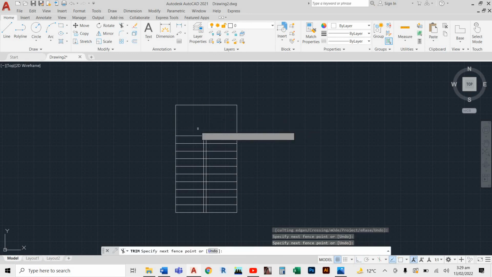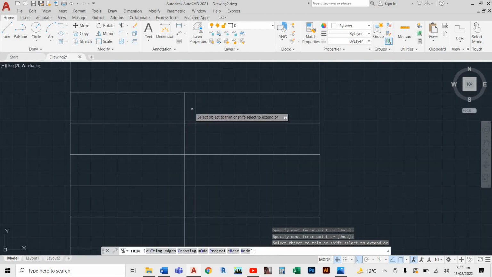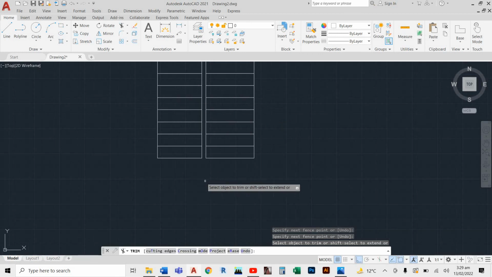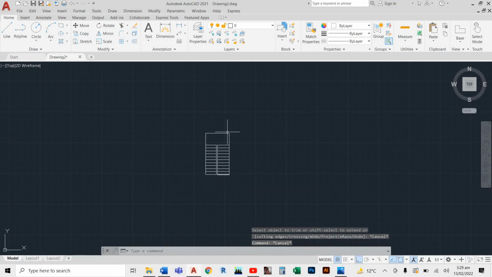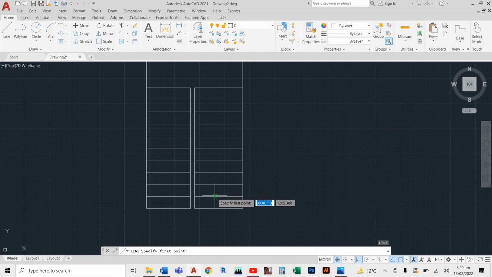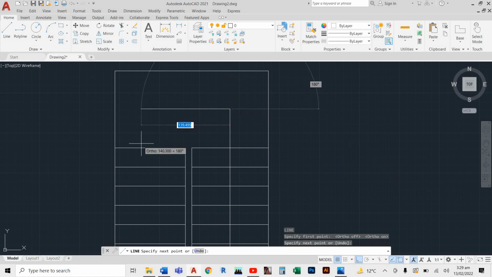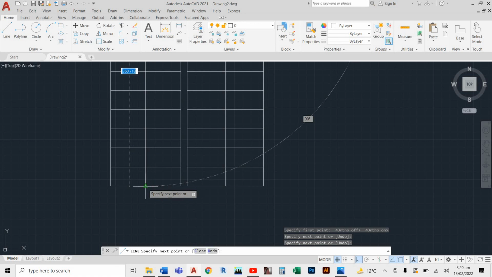You see how many commands are used here. You can trim this up to this side, and here also. Then here you can draw a direction line at the middle of this, and then at the middle of this also. Here also at the middle of this we have to draw up to here.